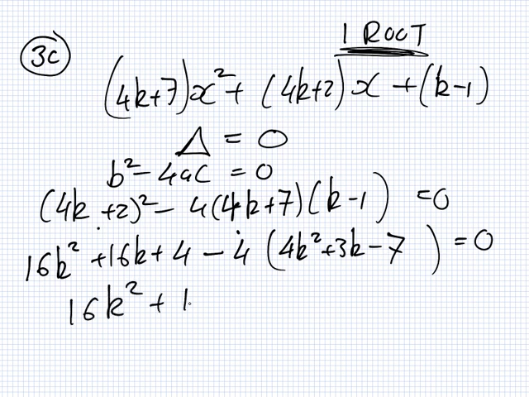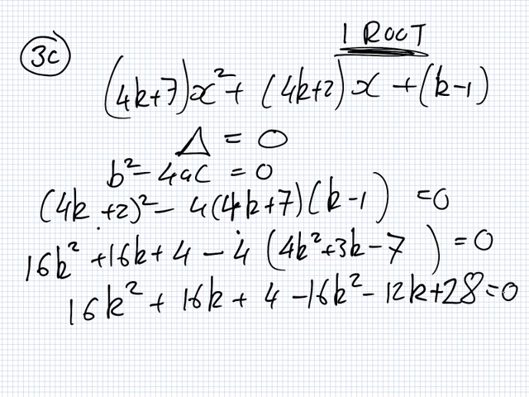So 16k squared plus 16k plus 4 minus 16k squared minus 12k plus 28 equals 0. Right? So they cancel. 16k minus 12k is 4k. 4 and 28, 32. So it's k equals minus 8.